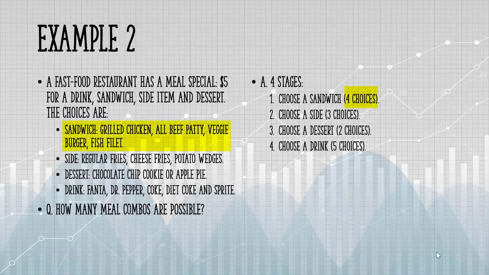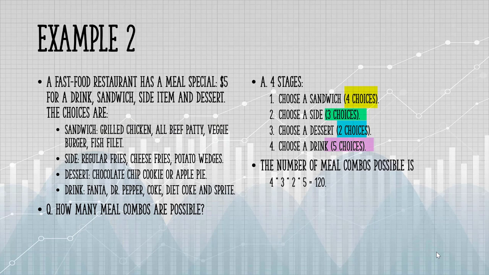We have 4 different types of sandwich, 3 different types of side, 2 desserts, and 5 types of drink. When we multiply our options together, using the counting rule, we get 4 times 3 times 2 times 5. That equals 120 possible meal combos.